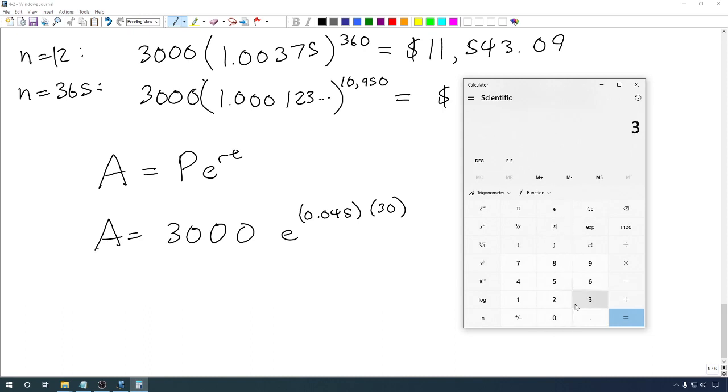So let's take 30 times 0.045, get 1.35. That is the exponent, so I'm going to take second e to the x and multiply that result by the principal of 3,000. Get 11,572.28.